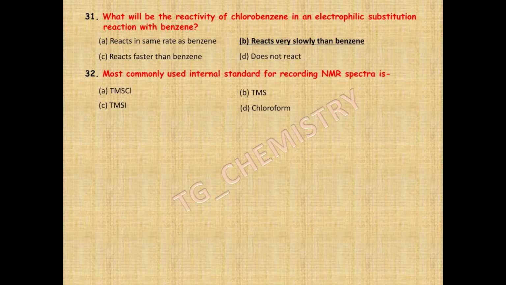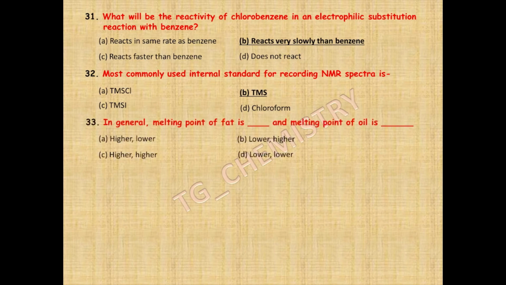Next is, the most commonly used internal standard for recording nuclear magnetic resonance, that is NMR spectra, is, options are trimethyl silyl chloride, tetramethyl silane, trimethyl silyl iodide, and chloroform. Then the right answer is option B, tetramethyl silane, as the internal standard for recording NMR spectra.